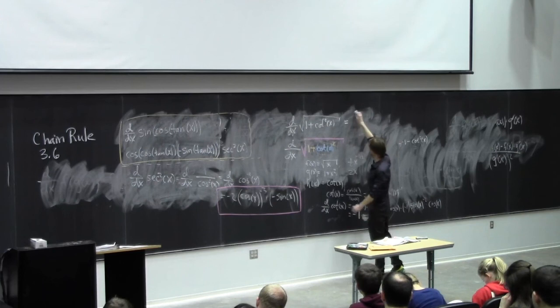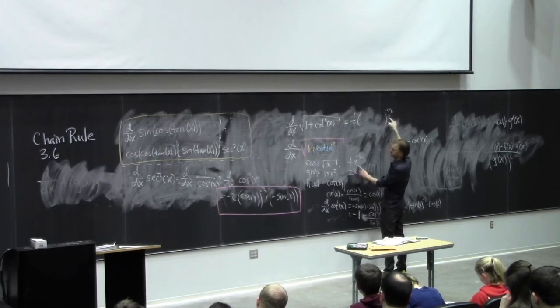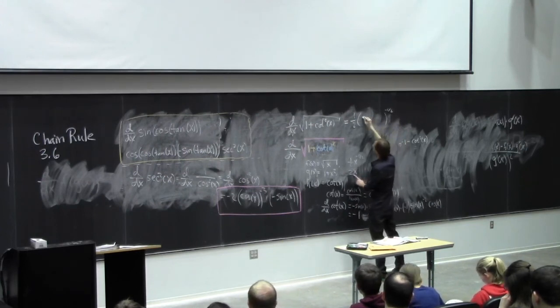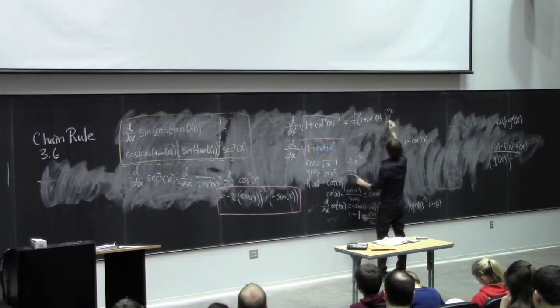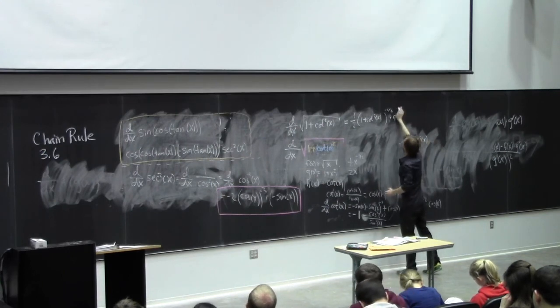The final answer is going to be this. 1/2. That's this one here. 1 plus cotangent squared of x times g prime. What's g prime equal to?